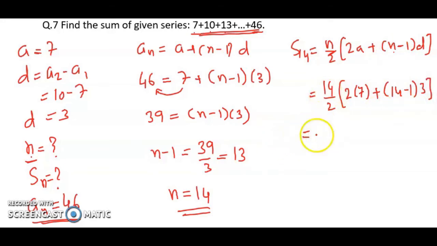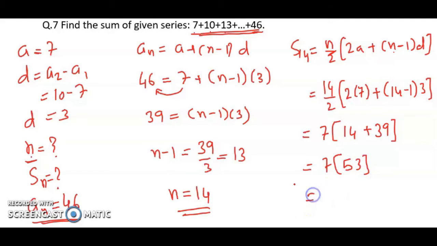If you simplify this, 14 divided by 2 is 7, and 7 multiplied by 2 is 14, plus 14 minus 1, that is 13 multiplied by 3, that is 39. So we will get 7 multiplied by (14 plus 39), that is 53. So we get 53 multiplied by 7.